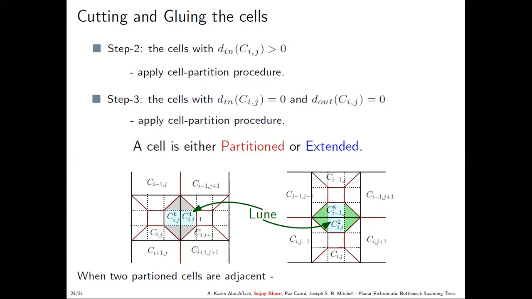Now, a cell after this step is either partitioned or is extended, because if it was monochromatic before, then we must have done something with it. However, if 2 partition cells are adjacent, then we can have a situation like this, which we call loons. In this case we have a horizontal one, and in this case we have a vertical one.